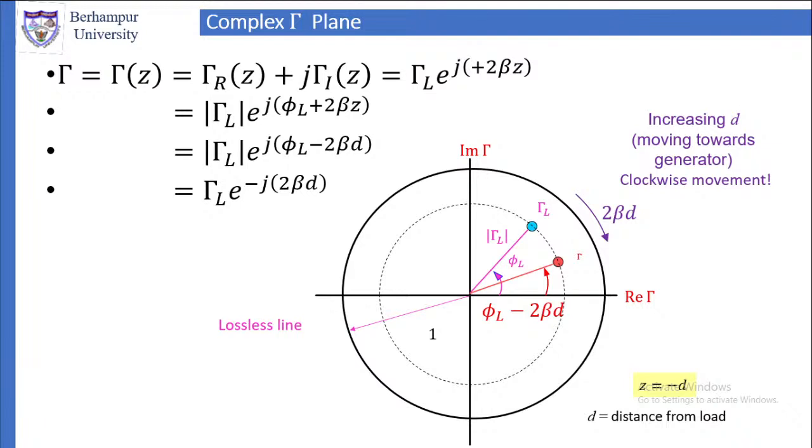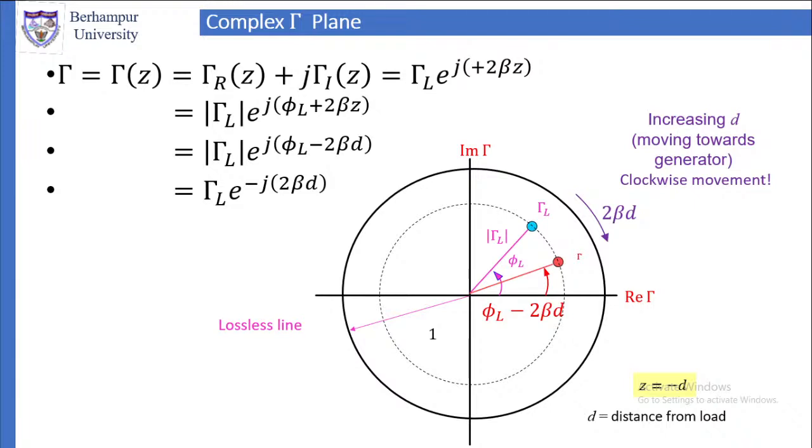Now gamma, as I told you, is gamma z at any point z on the transmission line. That we are writing as gamma r plus j gamma I. Gamma r is the real part, gamma I is the imaginary part. That we are also writing as gamma L into exponential j 2 beta z.